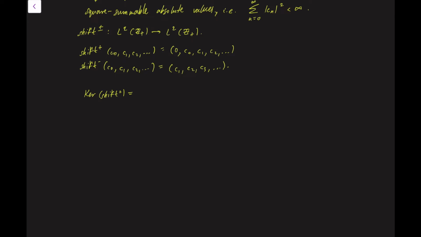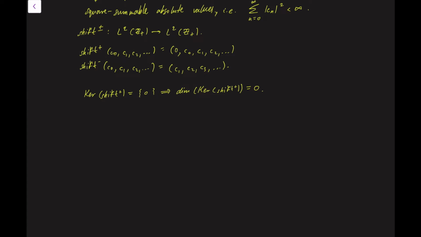The reason being, if we want this quantity to be 0, 0, 0, and so on, we want c0 to be 0, c1 to be 0, c2 to be 0, and so on. So only the 0 vector maps to 0. So the kernel is the 0 sequence, which means the dimension of the kernel of the shift plus operator is 0.